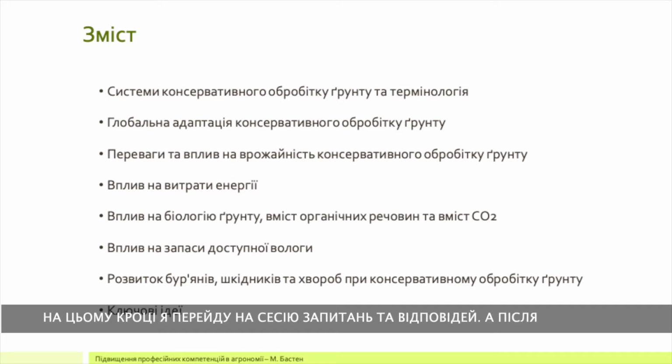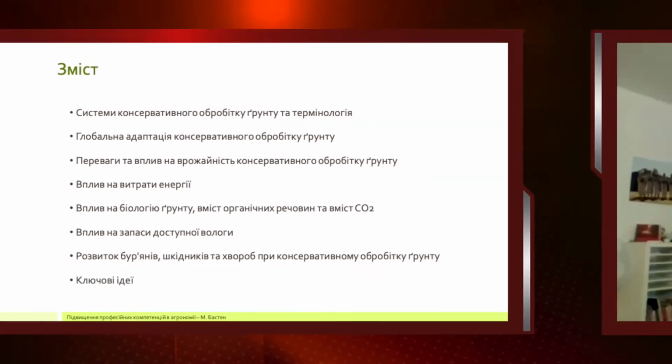At that step, I will pause for the Q&A session, and after the break, I will continue with the impact on crop available water. I will also talk about what happens with weeds, pest and disease management in conservation tillage, and then I will finish off with key messages. But first, let us start to get a kind of common understanding of what conservation tillage systems are and what kind of terms we use.